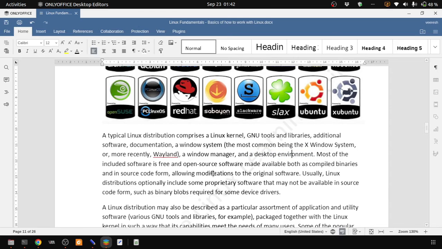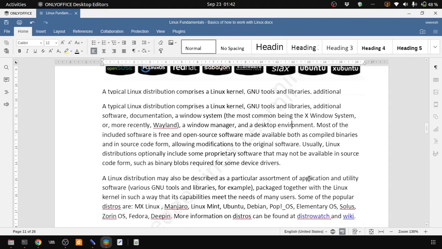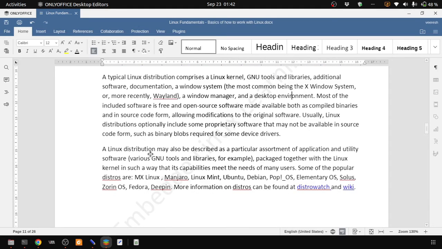So your distribution can have anything that is needed for you. It works like that. A Linux distribution may also be described as a particular assortment of application and utility software, various GNU tools and libraries, for example, packaged together with the Linux kernel in such a way that its capabilities meet the needs of many users.